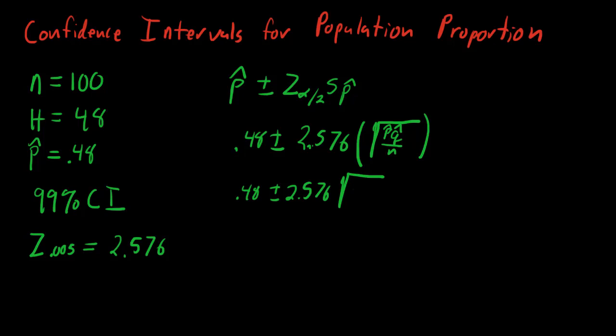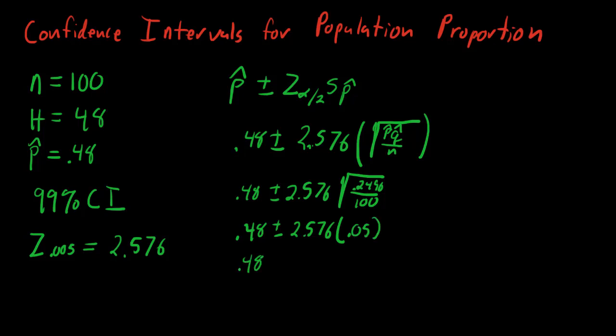is 0.2496 over 100. And we get from that 0.48 plus or minus 2.576 times the quantity of basically 0.05.